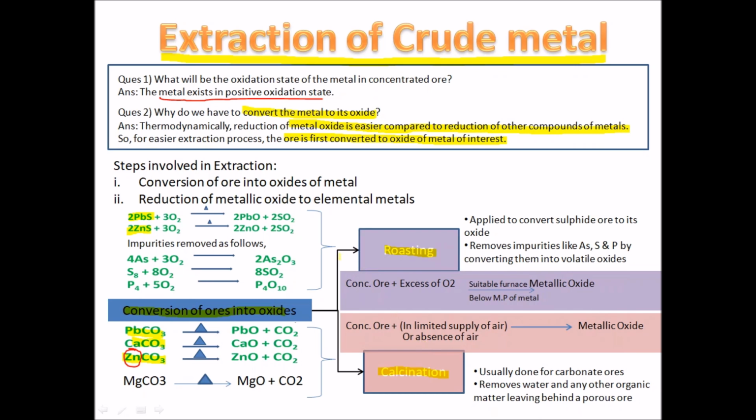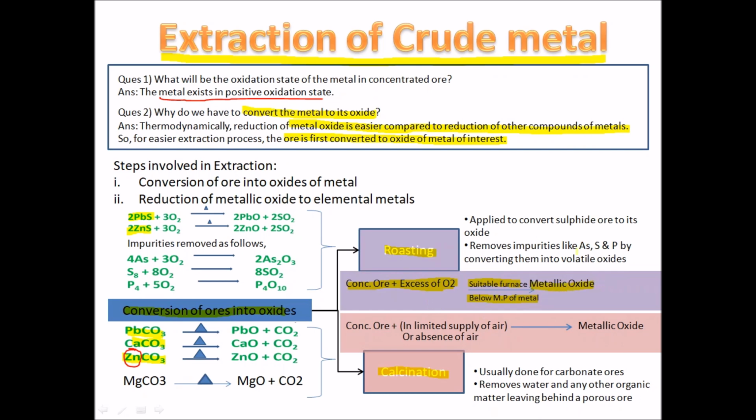As the word roasting implies, you would have seen in your daily lives the roasting of groundnuts, wherein they roast it in open air, that is, with excess of oxygen. So in roasting, the concentrated ore is treated with excess of oxygen in a suitable furnace where the temperature is below the melting point of the metal and the metallic oxide is being formed.